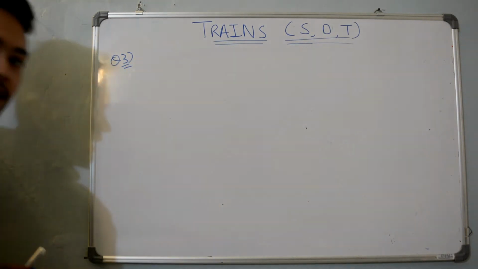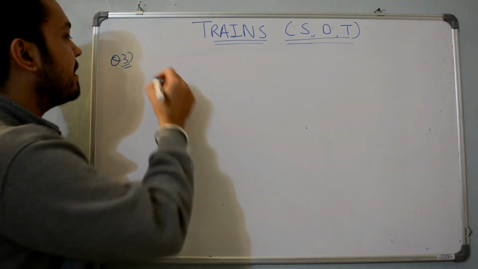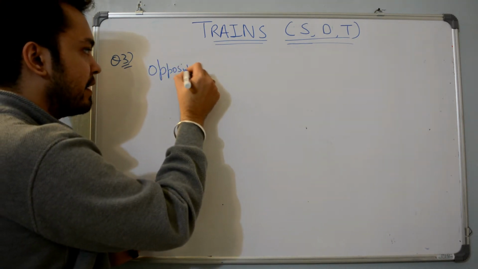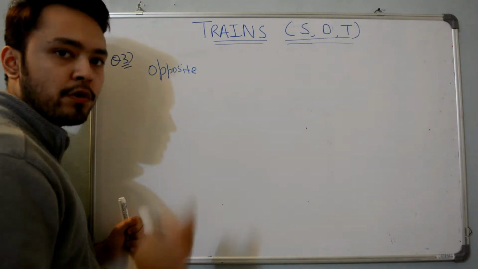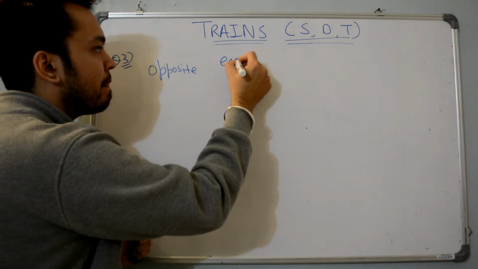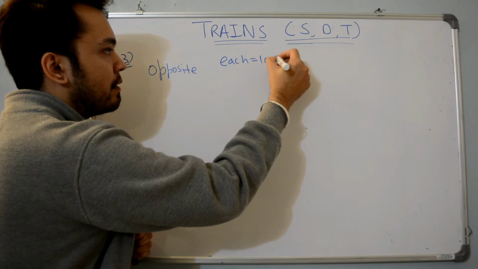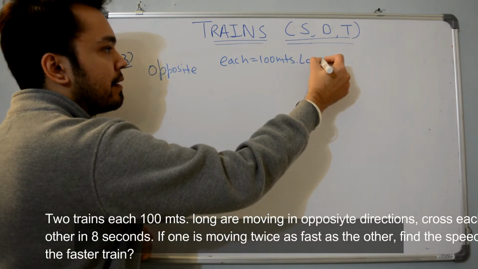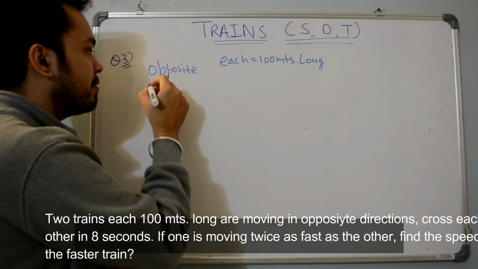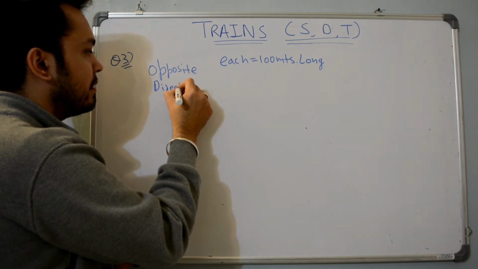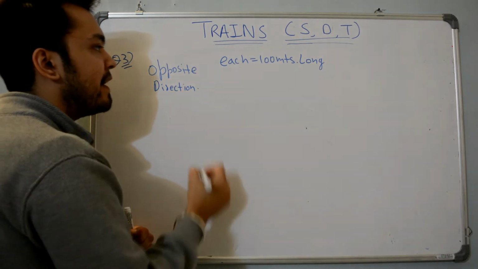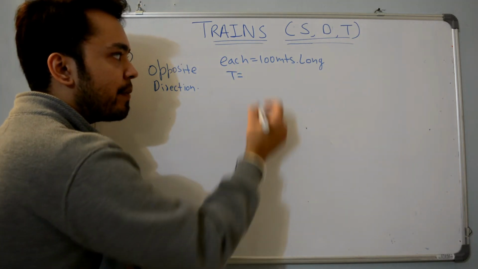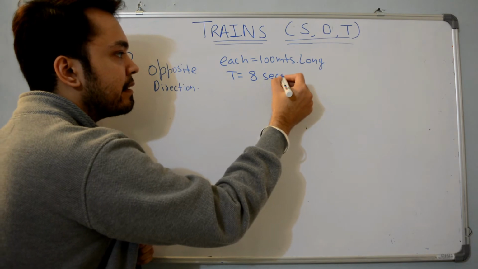Now comes our case of opposite direction, right? I'll write opposite beforehand only. Now the question is that two trains, each 100 meters long, are moving in opposite direction. And while doing that, they cross each other in a total time of 8 seconds.